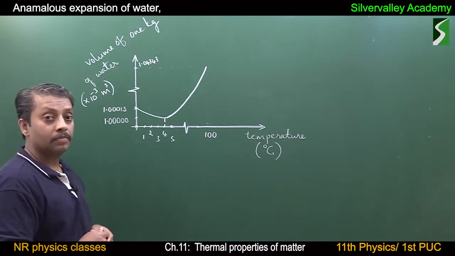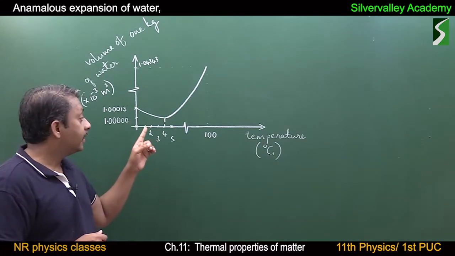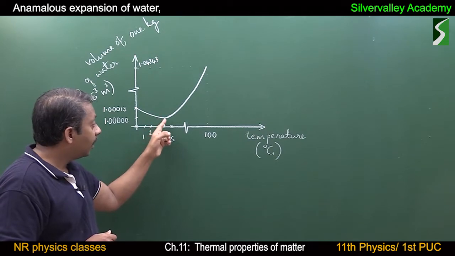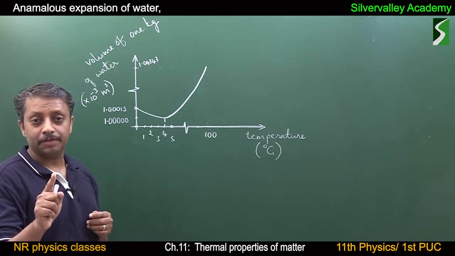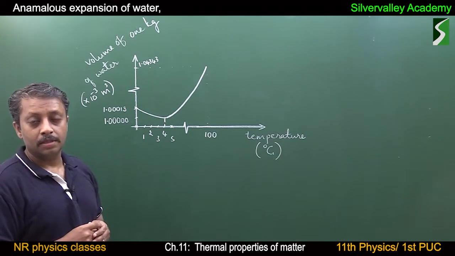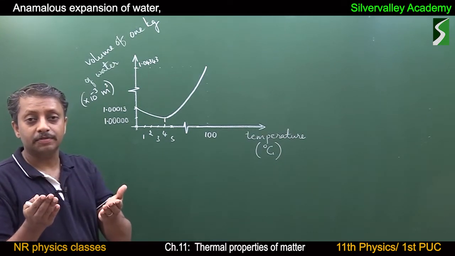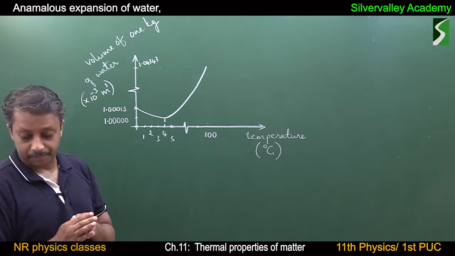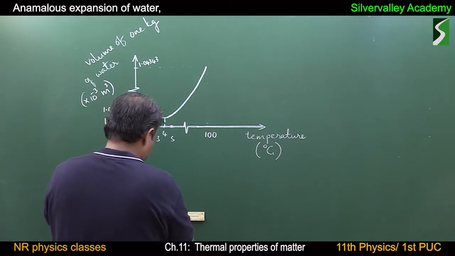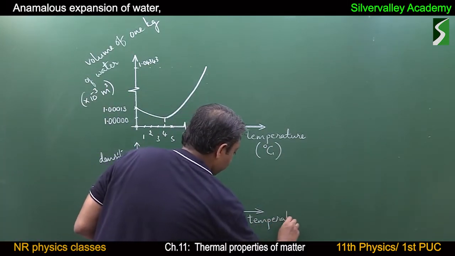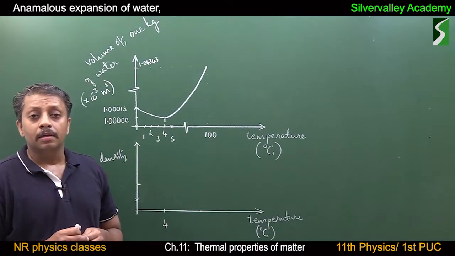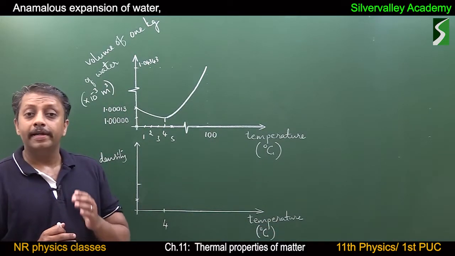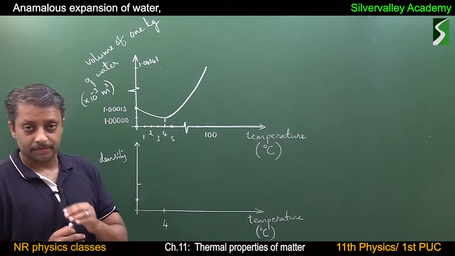Okay. So because of decrease in volume and then increase in volume, density of water also changes with respect to temperature. Now let us see how density changes with respect to temperature. Now a graph of density of water versus temperature.